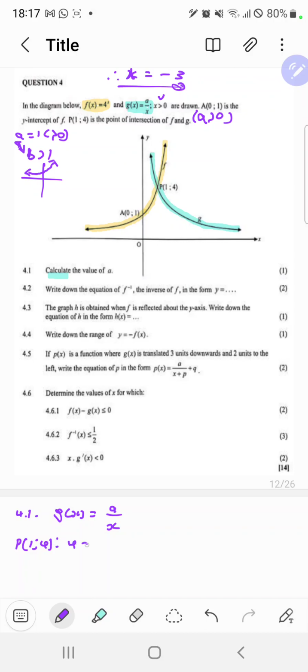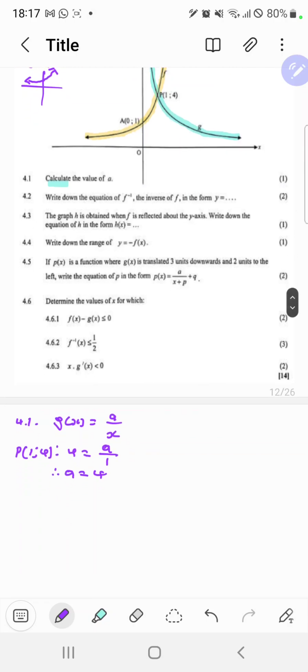It will be such that 4 is equal to a over 1. Therefore, a is 4. So this is done. They said calculate. You can't just show up with the answer. Please, guys, don't make the mistake. It has to show what happened. That substitution is important. Otherwise, you're going to get half a mark if you don't show those things. All right. You don't want to lose marks unnecessarily.